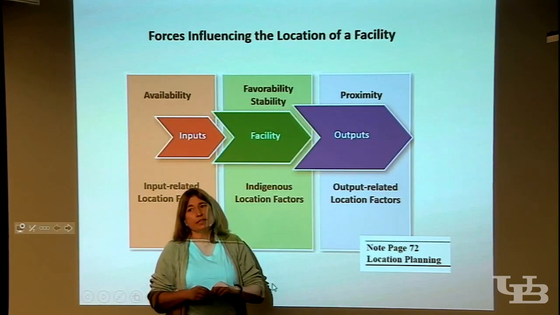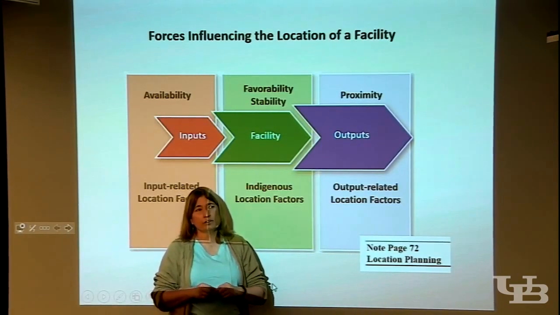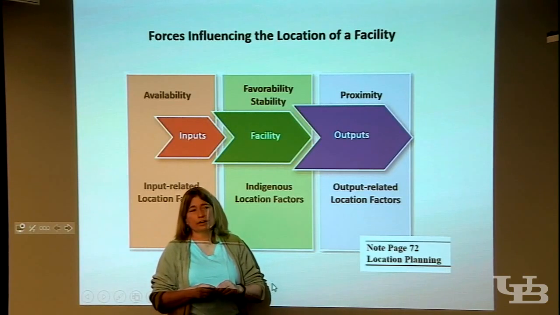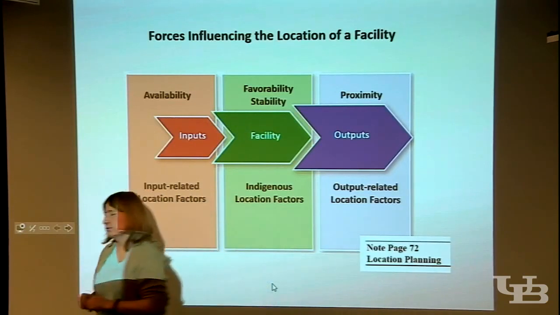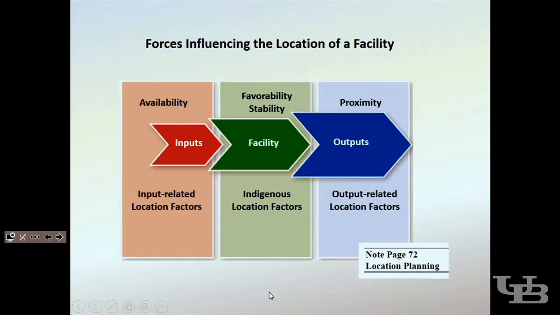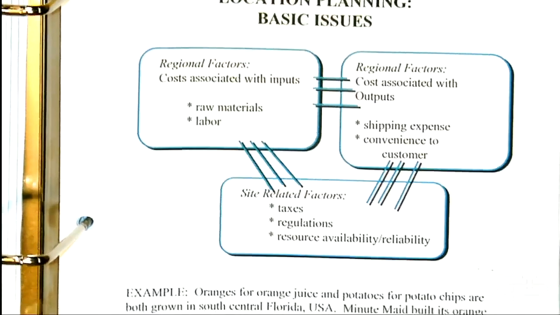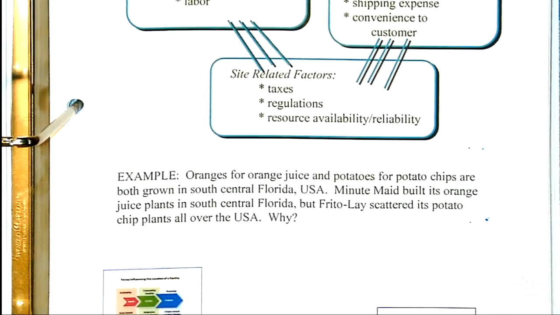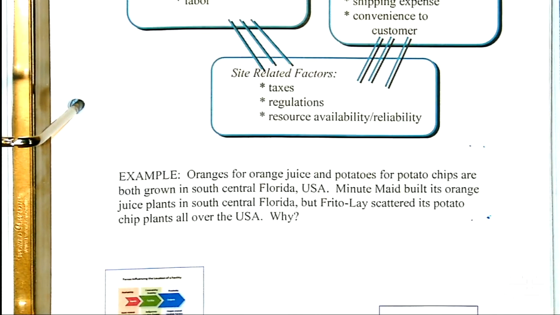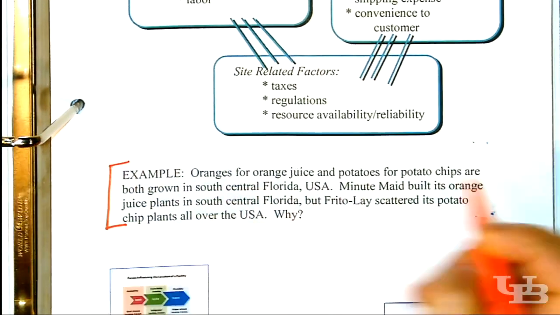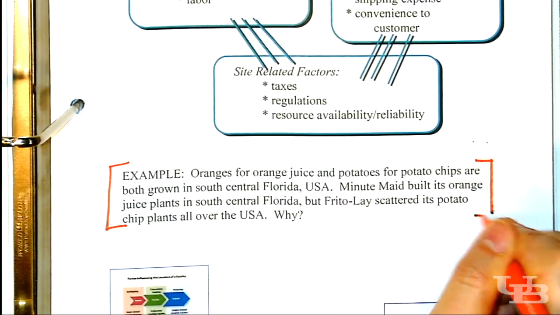You can see that if you look at the very short scenario in your notes. It concerns two companies that made two very different decisions concerning facility location for factories, and has everything to do with the graphic.